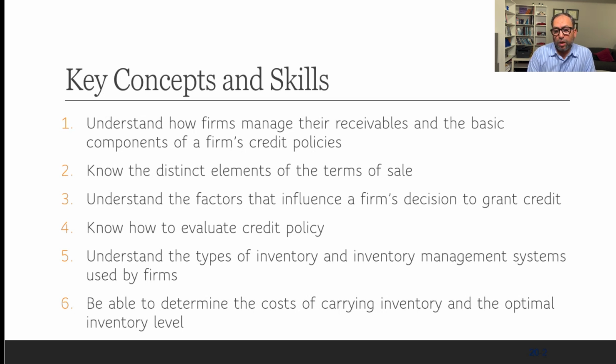We also study an order quantity model, a topic from managerial accounting, but we are using it here to see how this model is helpful for a corporation in inventory management.